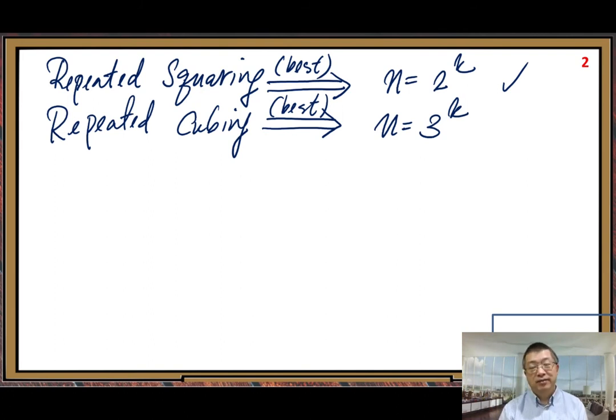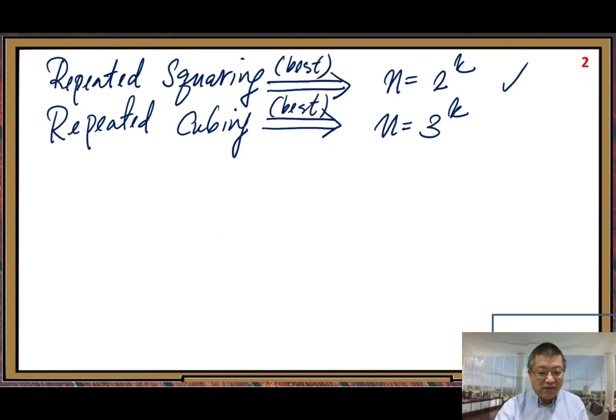Because for different special numbers, the different techniques can take advantage of them and do better or worse.